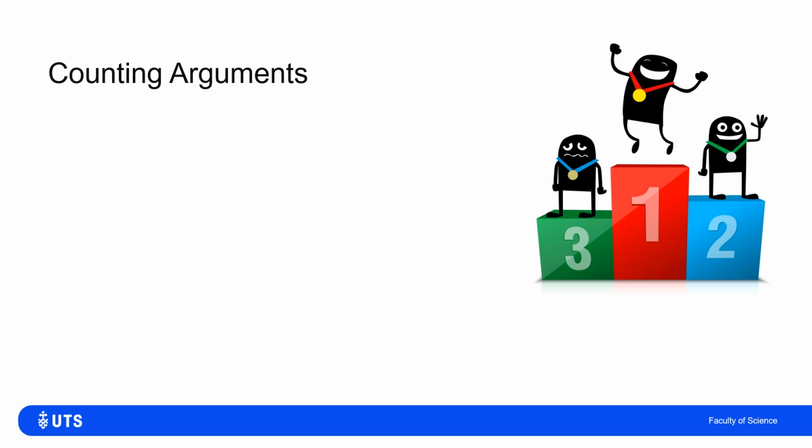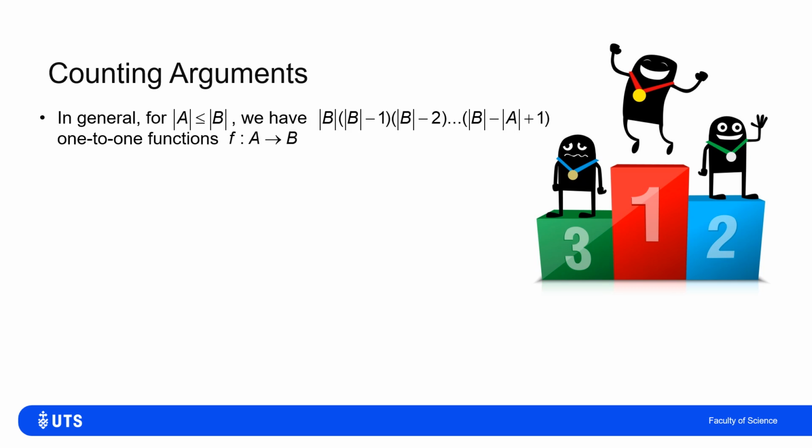Now let's generalize this problem, not so we have to have 8 runners and an allocation of 3 medals. But let's say we've got a set of labels A. In the runner example, this would be gold, silver, bronze, and a set of elements of a set B, which would be the runners' identities here.